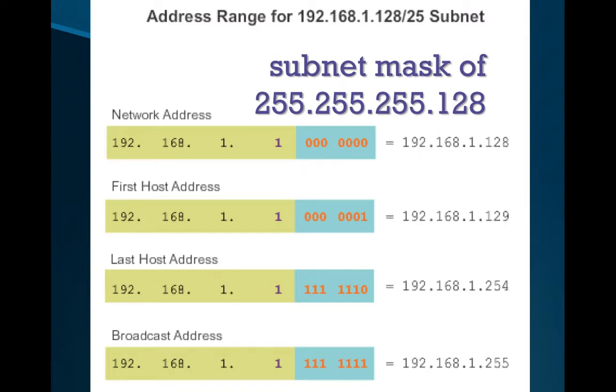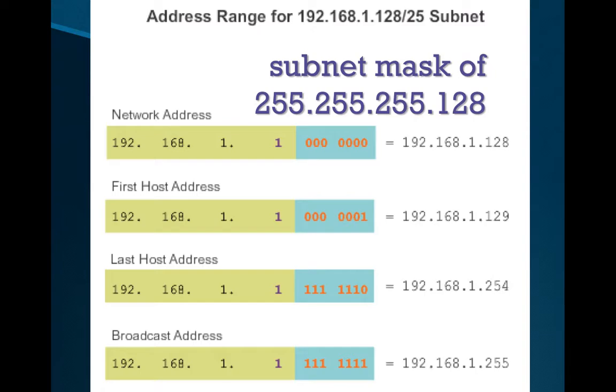In the second subnet, we follow the same guidelines for the IP addresses. So, the first address will always be the network address, the last address will be the broadcast address, and the remaining addresses between them will be the valid host addresses that we could use.